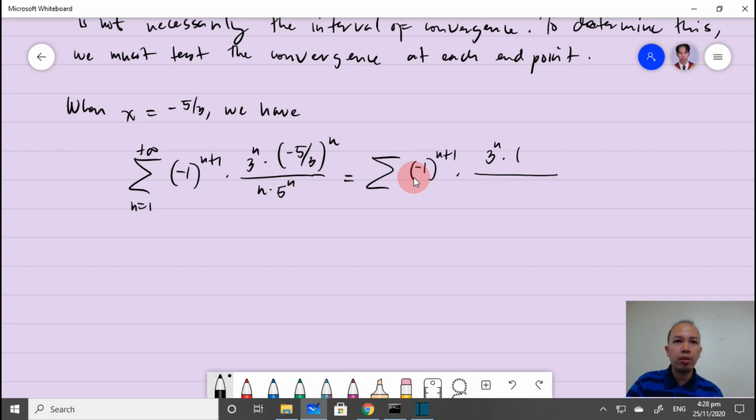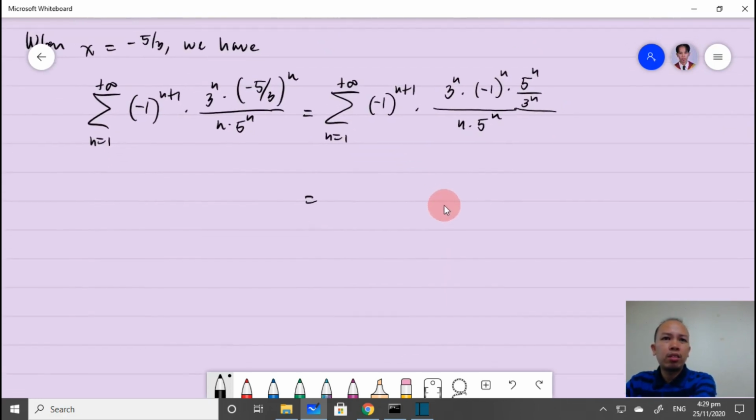You can distribute negative 1 here. So we have negative 1. So substitute our n to that one. We have 5 to the n over 3 to the n over n times 5 to the n. n starts from 1 to positive infinity.